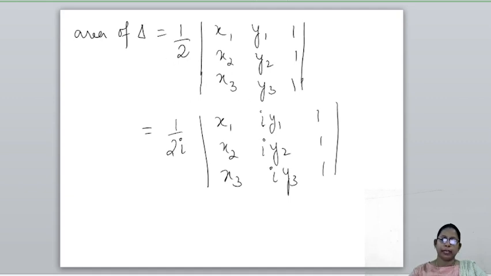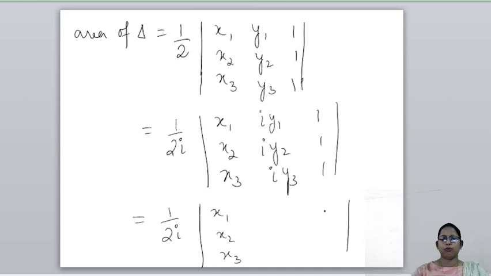Again, by applying the operation C2 goes to C2 plus C1, we will get x1 plus i y1, x2 plus i y2, x3 plus i y3.